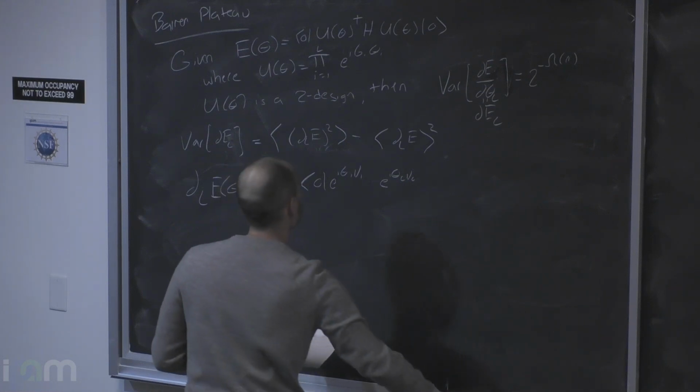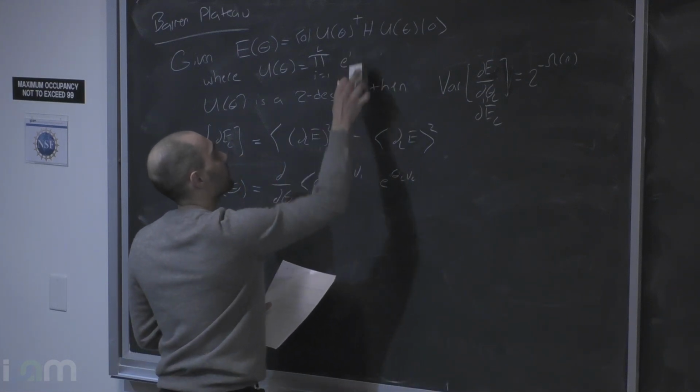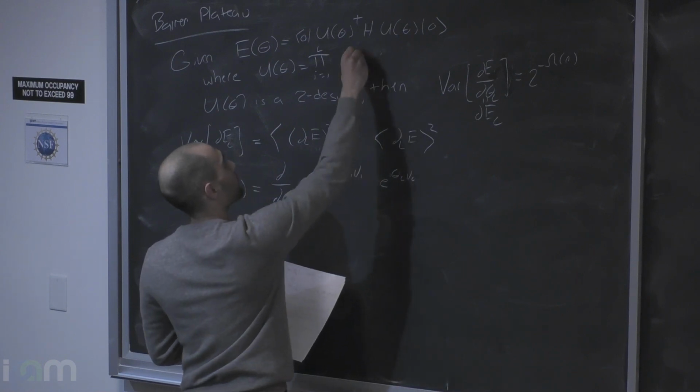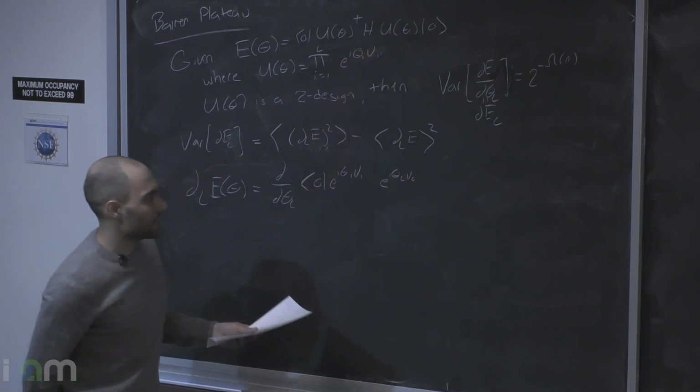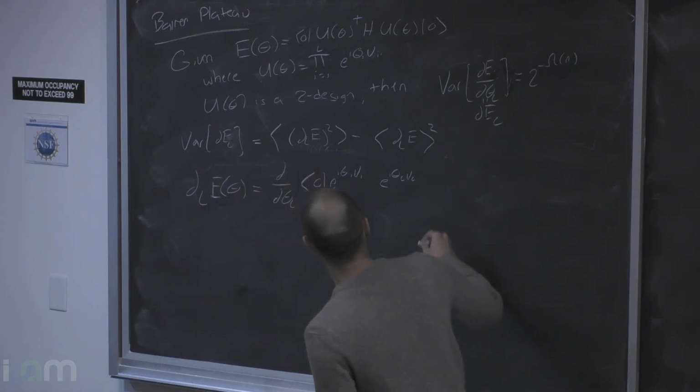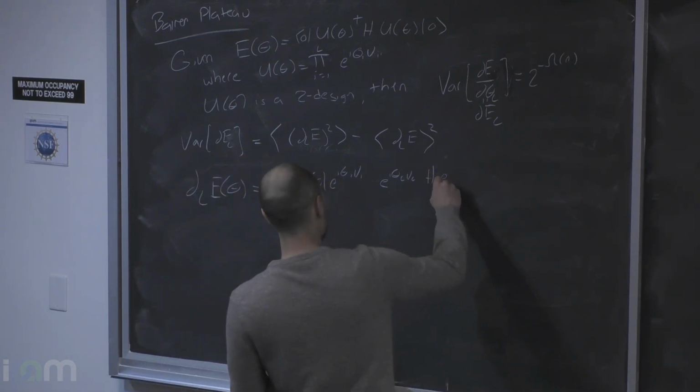I realized I changed notation here, so let me be consistent. The gates are now V's. I have this in my notes. I apologize for changing it on you, but I don't want to confuse people.